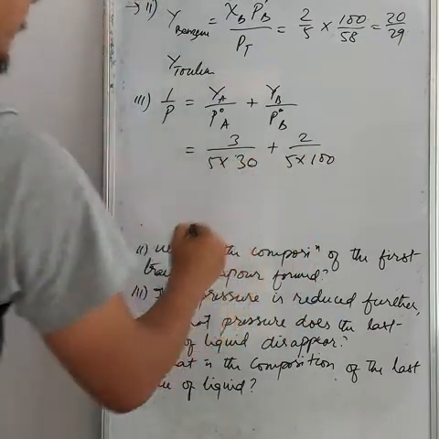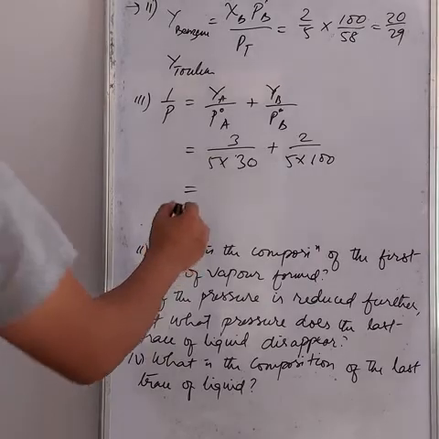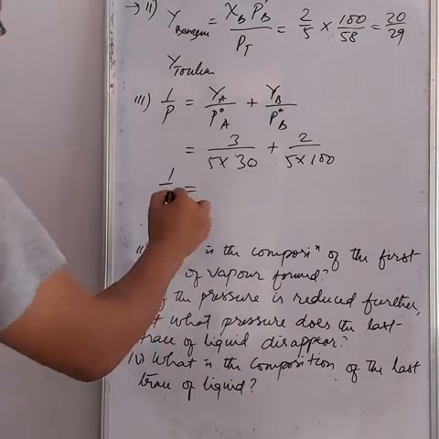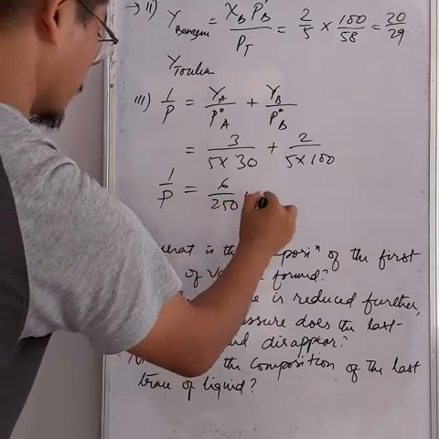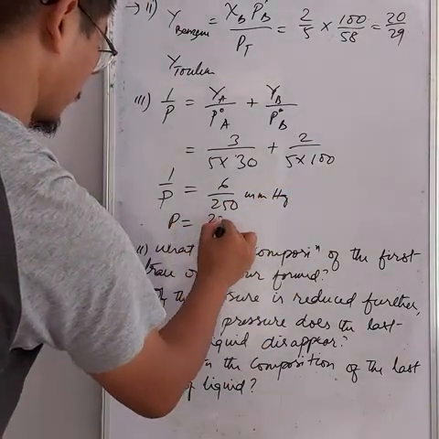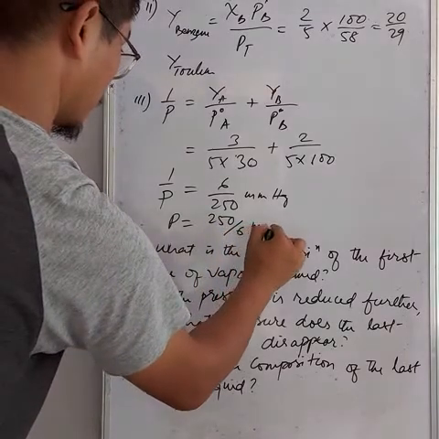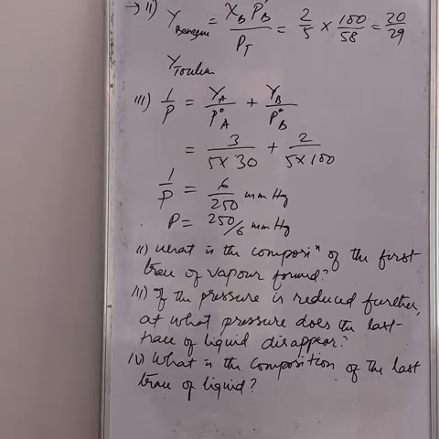This is 30. So that gives us P is equal to 250 over 6 millimeters of mercury. So at that pressure, we'll see that the last trace of liquid disappears.